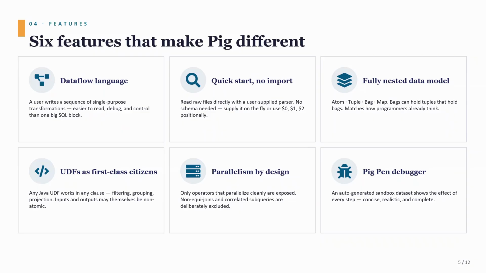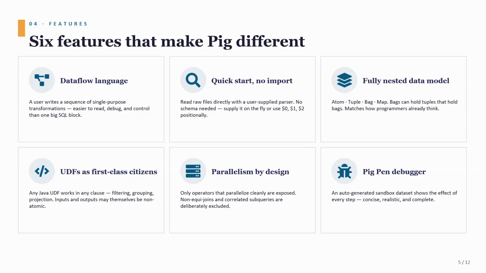And the fourth one, Pig supports user-defined functions or UDFs. For example, if we want all names in uppercase, we can create a Java function called toUpper and use it directly inside the Pig query. This allows developers to extend Pig with custom logic.